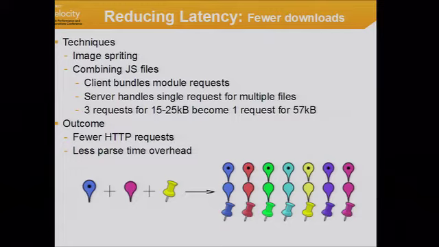So on the client side, we bundle our module requests and have server-side code that handles a single request for multiple files, finds the files, concatenates them together and sends those down. By reducing 3 requests in the API of 15 to 25 kilobytes each down to 1 that's about 60 kilobytes, we saw incredible speedups on mobile devices.